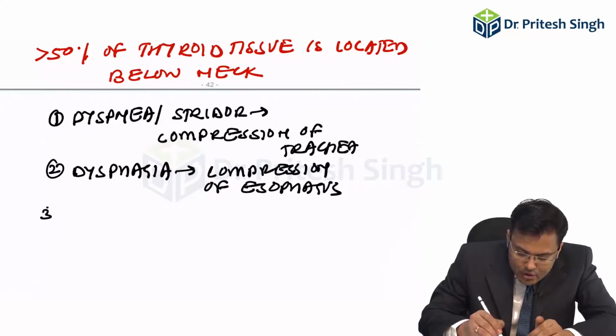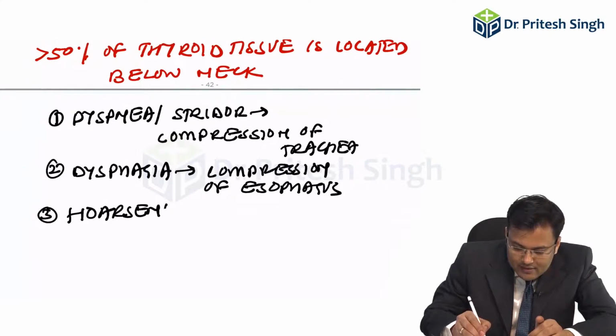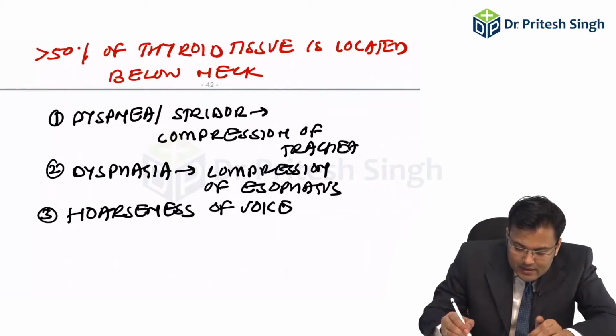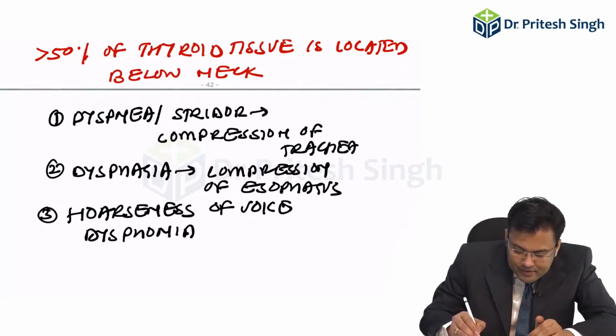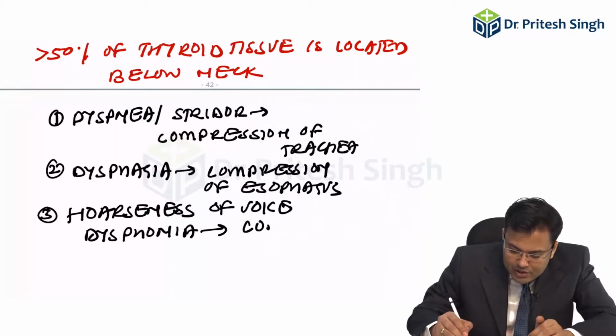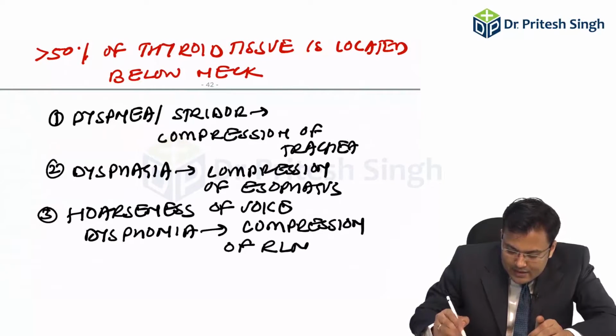Third is hoarseness of voice, that is also known as dysphonia, due to compression of recurrent laryngeal nerve.